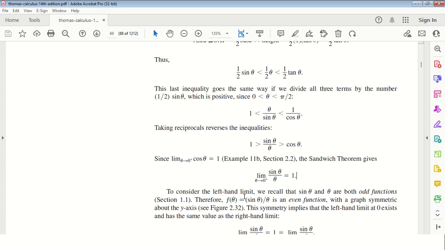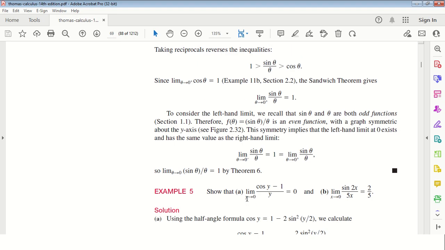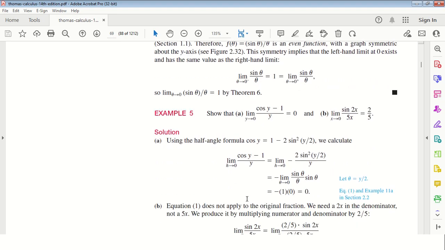Trigonometry, right? If you want, then I can discuss the proof also later.